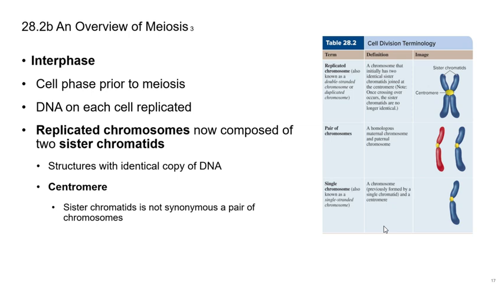That chromosome has two arms, two limbs, one right here and one right here. So this whole thing is the chromosome, but you call each of these limbs chromatids. Each of these strands is a chromatid. Both of them together make up one replicated chromosome.